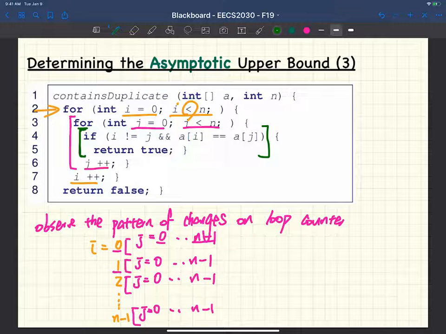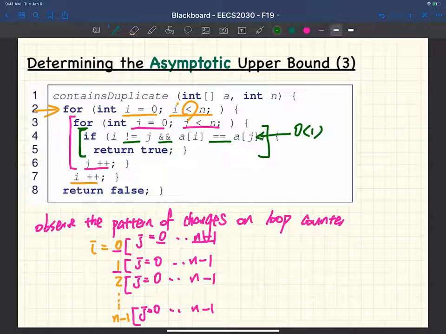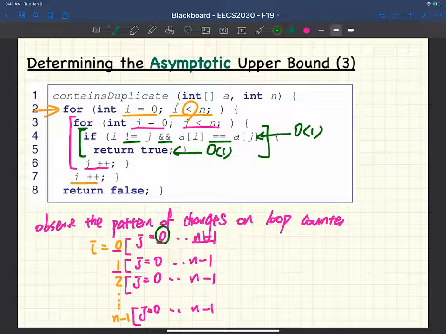What will be that alone? 1. Because over here, this is a logical operation, and that's a relational operation, just adding them up, right? So this line will just be big O of 1. What about return? Also big O of 1. So that means for every value of j over here, we are simply going to execute something that's going to be big O of 1, for every one of them.